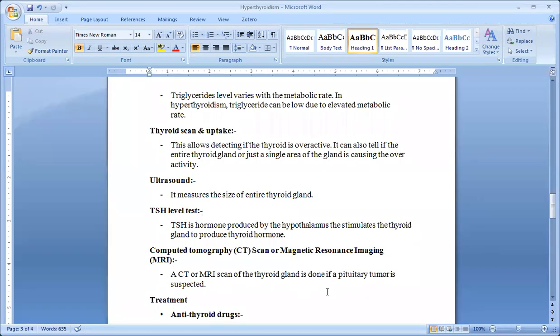But if the doctor suspects a tumor in the pituitary gland, then he will suggest a CT scan and MRI so that the pictures will be clearer. Are you getting all the points now?